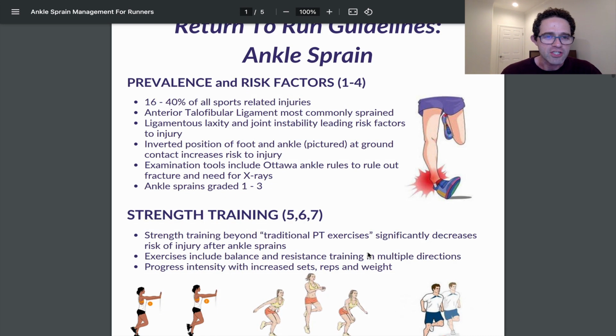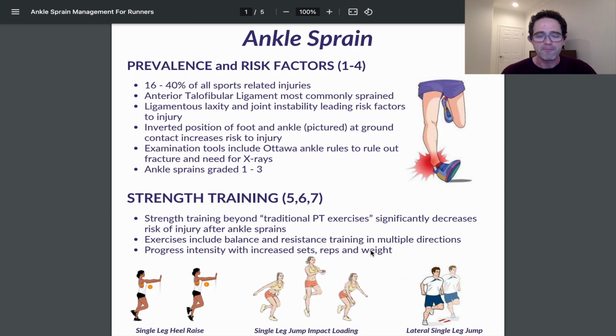One of the things I want to stress is that strength training is really beyond those traditional PT exercises. And I don't mean that's what all PTs are doing. There are a lot of great PTs that are doing some great strength training for their runners.